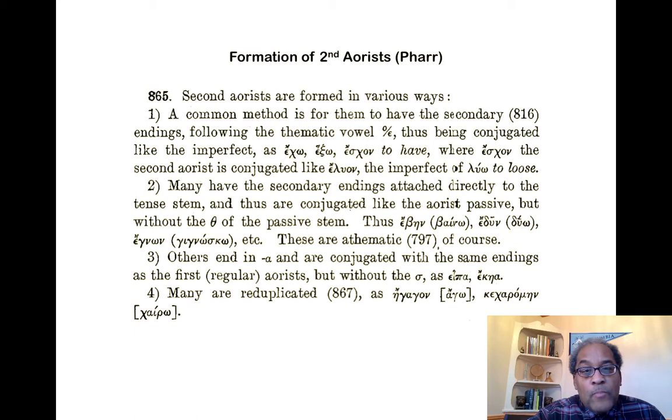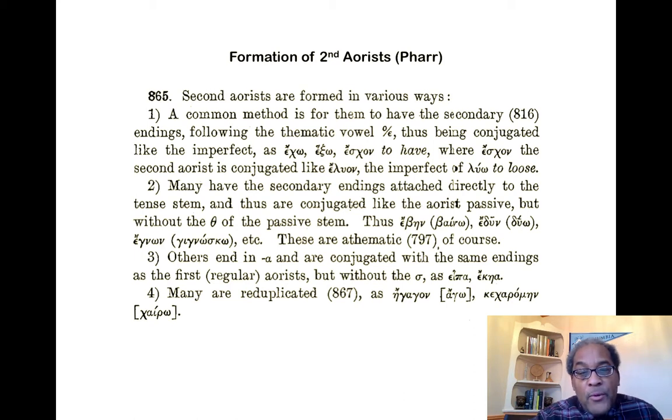Number two, many have the secondary endings attached directly to the tense stem and thus are conjugated like the aorist passive, but without the theta of the passive stem. So later we will look very closely at these second aorists of bino, duo, and gignosco. So we won't worry about that right now.